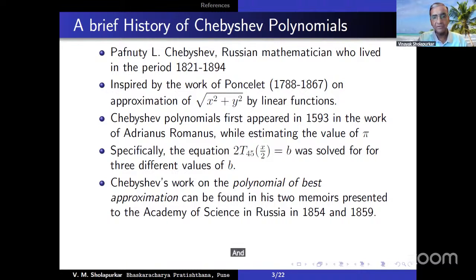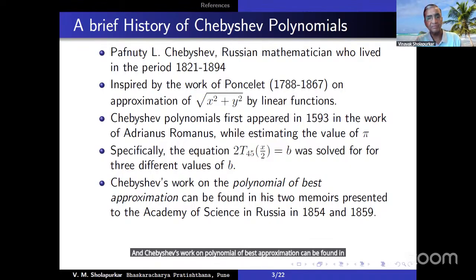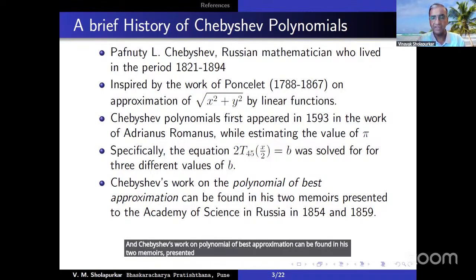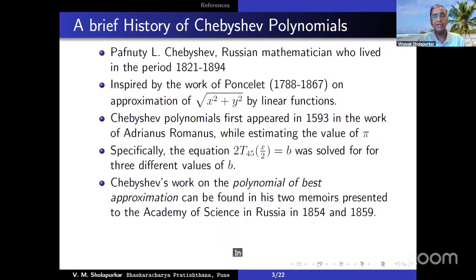And Chebyshev's work on polynomials of best approximation can be found in his 2 memoirs presented at the Academy of Science in Russia in 1854 and 1859. So in these 2 memoirs, this particular work on polynomials of best approximation appears.